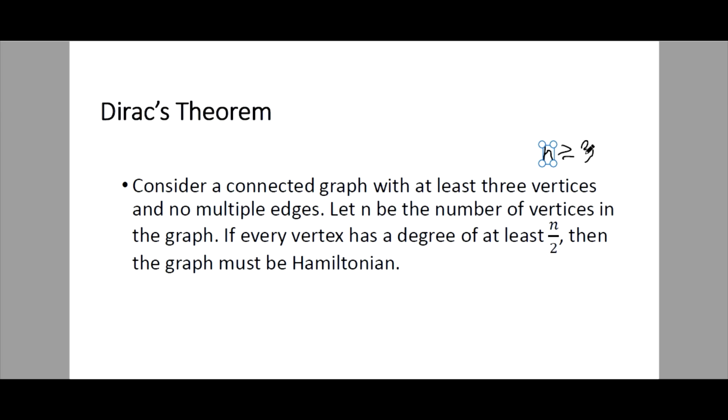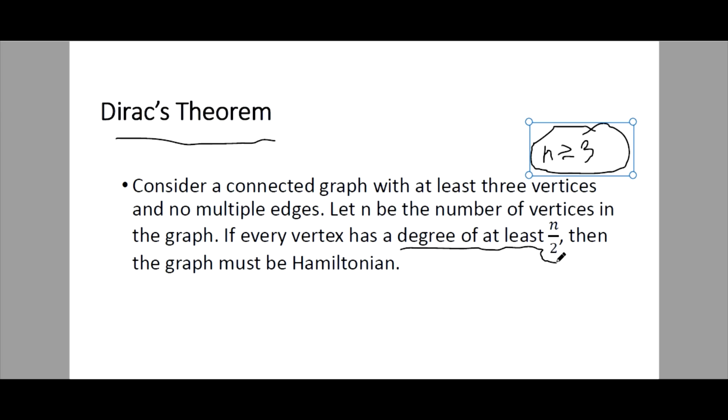So in short, we can only use Dirac's theorem if it satisfies the given. First, the number of vertices is at least 3, and the degree of every vertex is at least n over 2. And if these two are satisfied, then we can conclude that the graph must be Hamiltonian, meaning there is a Hamiltonian circuit.